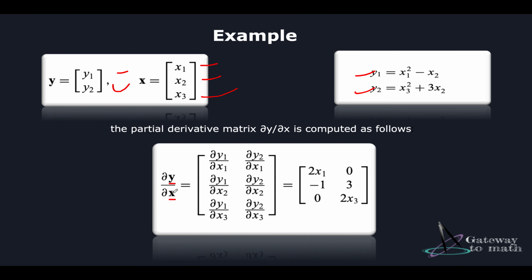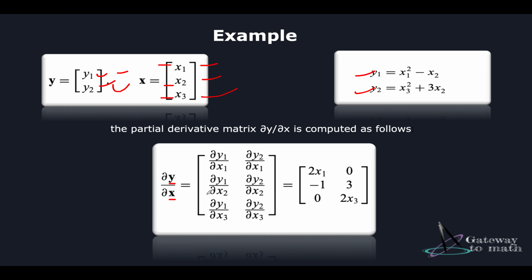Now let's start with the steps that we've learned. Step first, we have a vector y in the numerator and vector y holds two values, which is y1 and y2 respectively. That means we'll have two columns in the final output matrix. Step second, we have a vector x in the denominator. Vector x holds three values x1, x2 and x3, which means we will have three rows in our final output matrix.